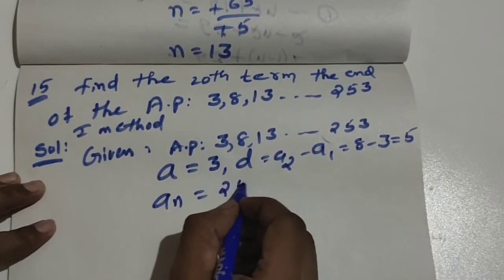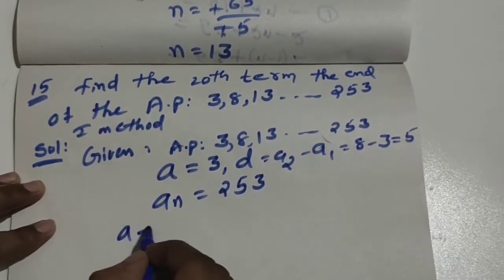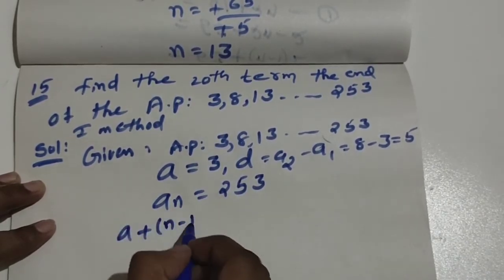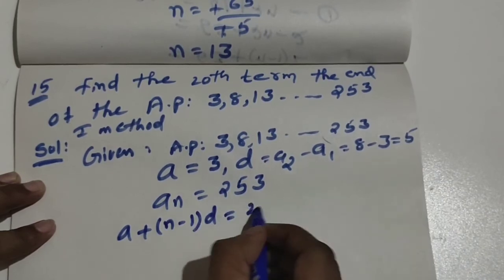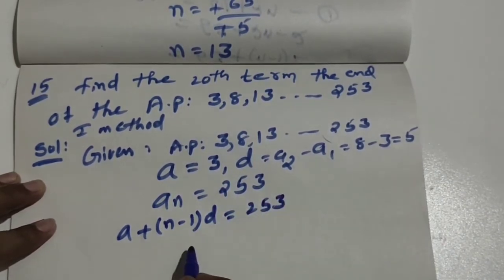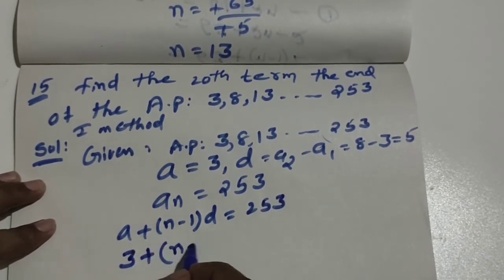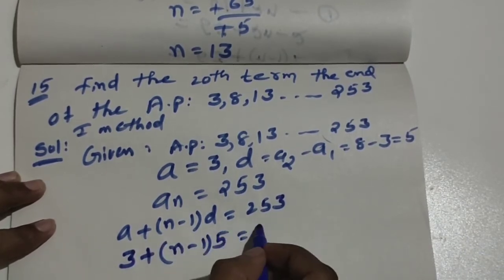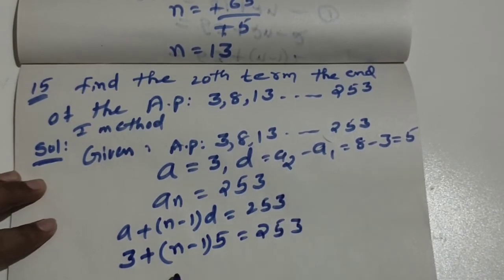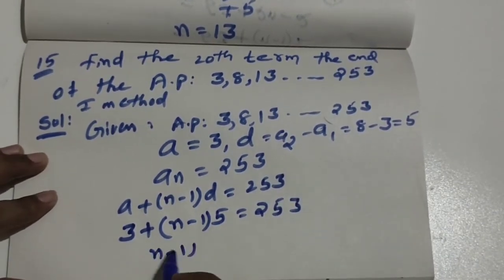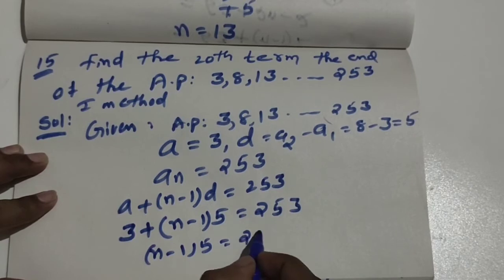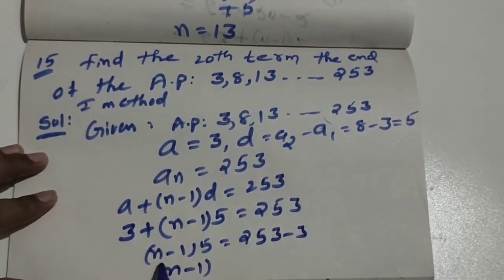an is 253. Apply the formula: a plus n minus 1 into d equal to 253. Substitute: 3 plus n minus 1 into 5 is equal to 253. Then n minus 1 into 5 is equal to 253 minus 3, that is 250.